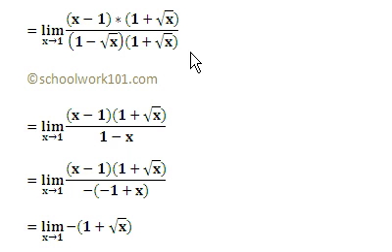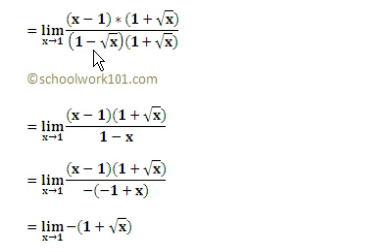After working several of these limits, you'll start seeing patterns and things that you need to do. So once I've multiplied the denominator by its conjugate, we FOIL this out, and we end up with 1 minus x.